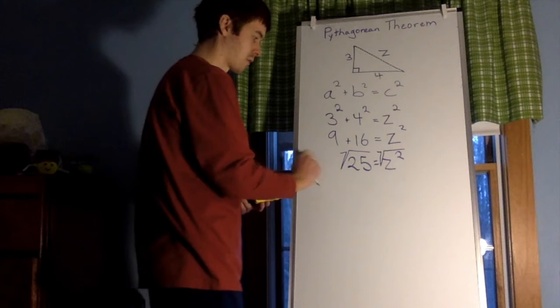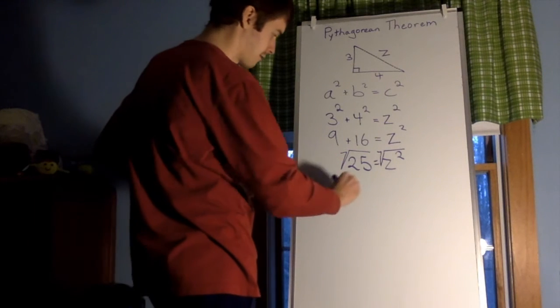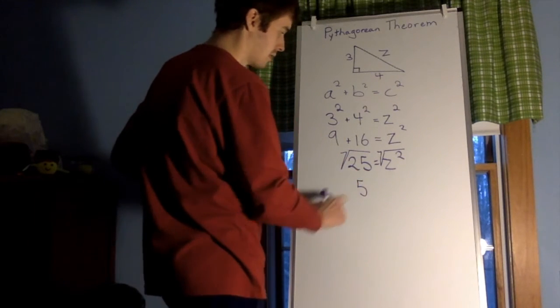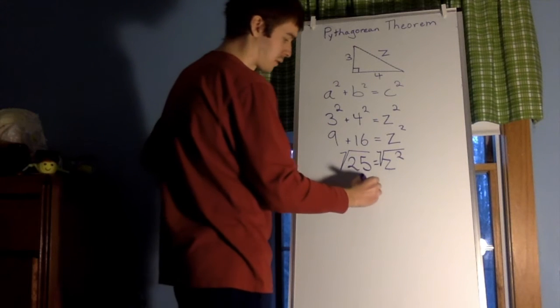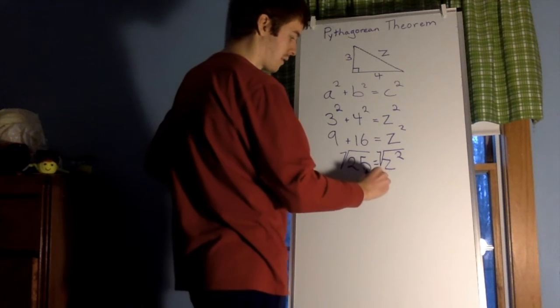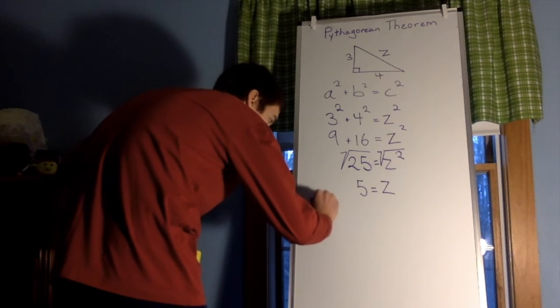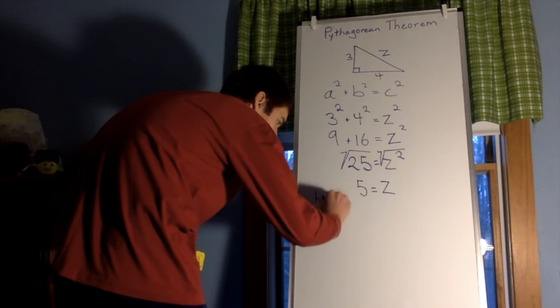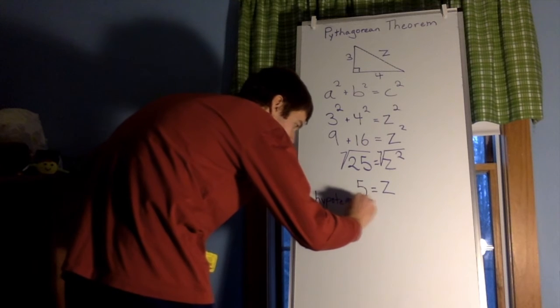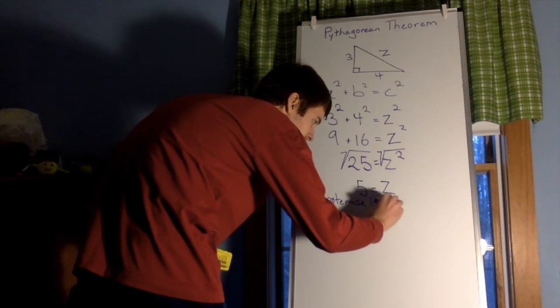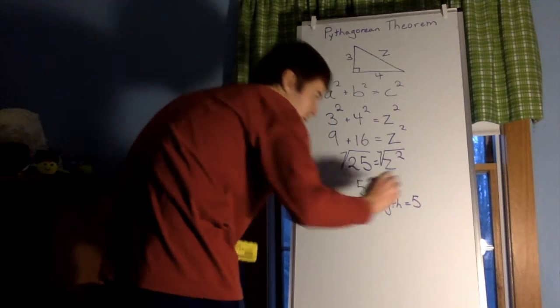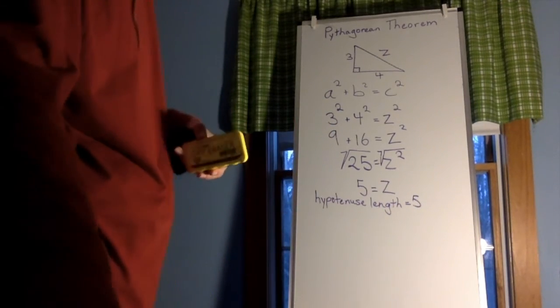So the positive square root of 25 is 5, and the square root of z squared is just z. So our hypotenuse length is 5.